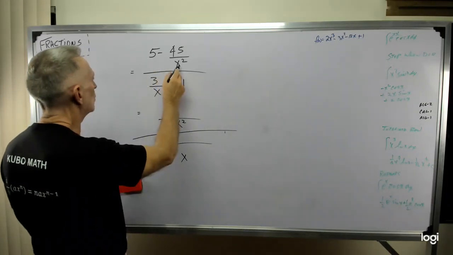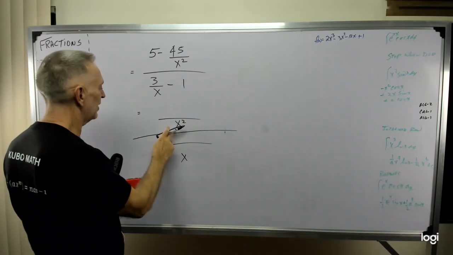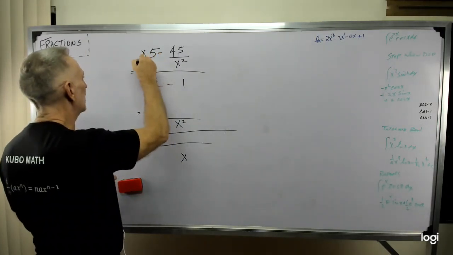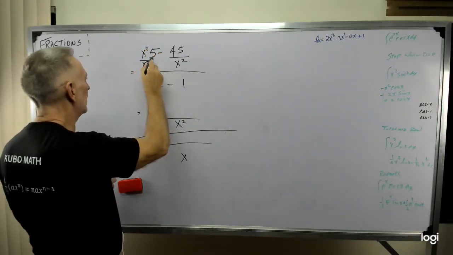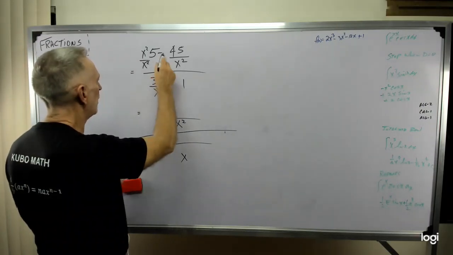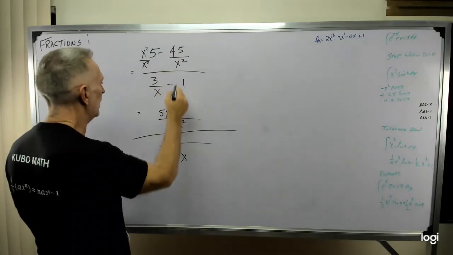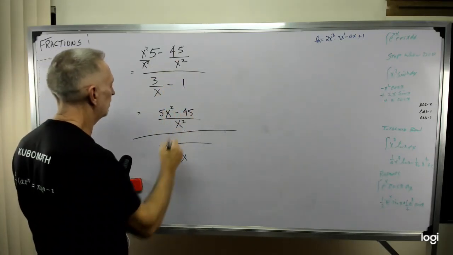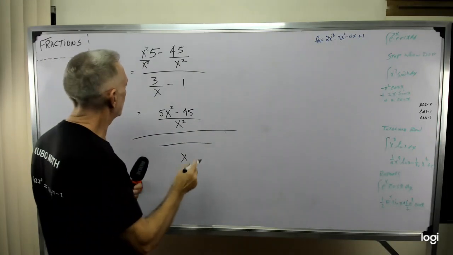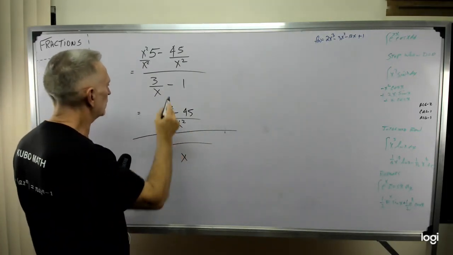Okay, so if I'm going to put this over x squared, I have to multiply this one by x squared over x squared. So that gives me 5x squared over x squared minus 45. Okay, now this one, I'm going to put over x.